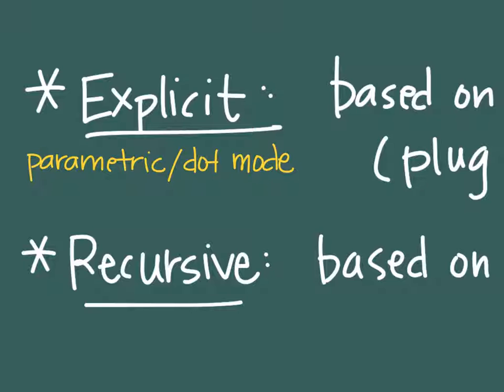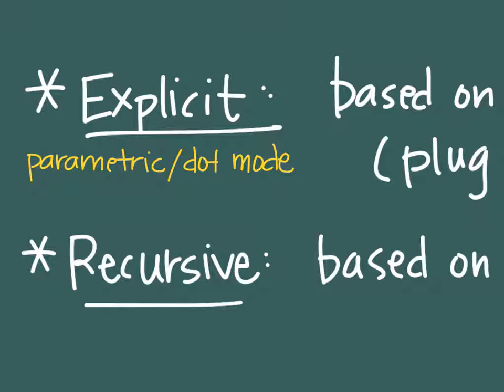Okay, parametric and dot mode. So hit mode. The fourth option down on your calculator are the options function, parametric, polar, and sequential.